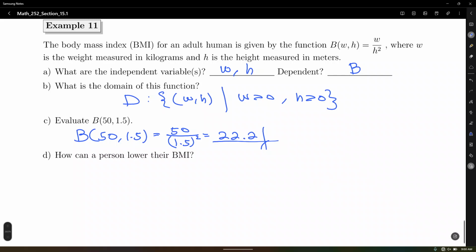All right, how can a person lower their BMI? How is that possible? Well, algebraically, there are two ways, but physically, there's only one way. What is that? Lose weight, or lower W, right?